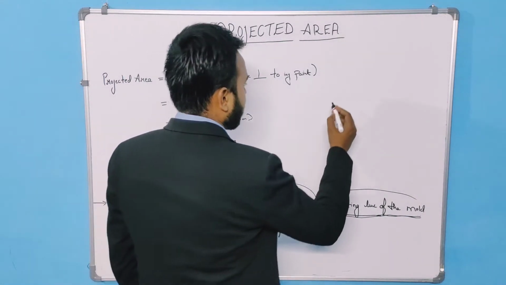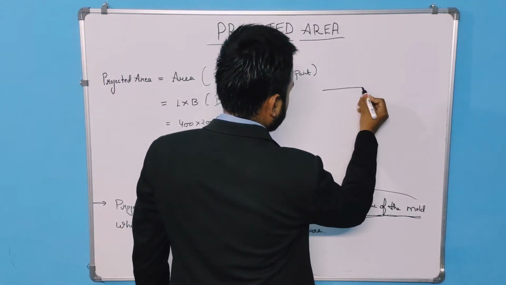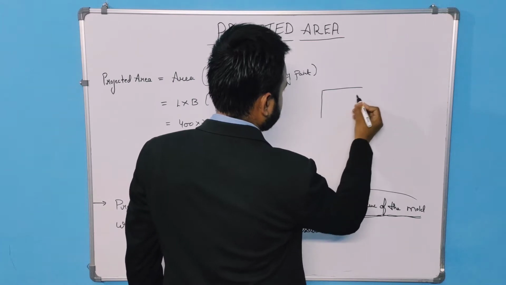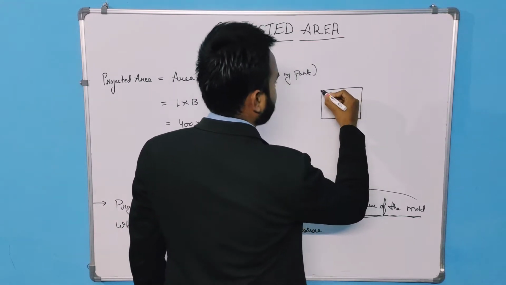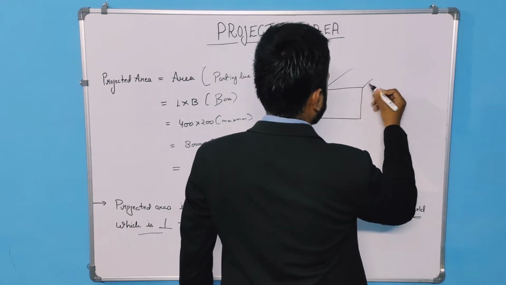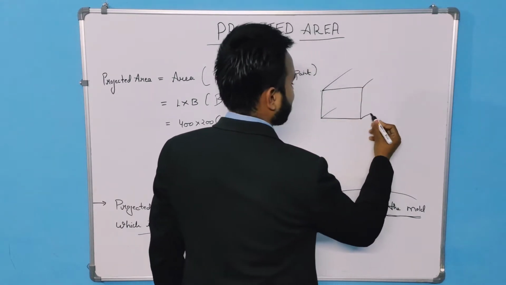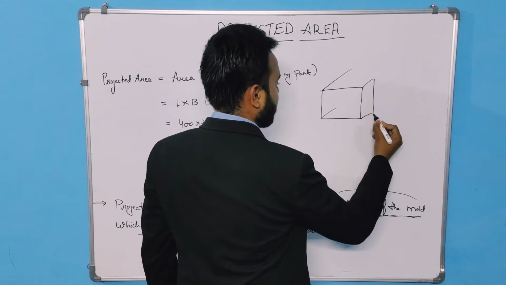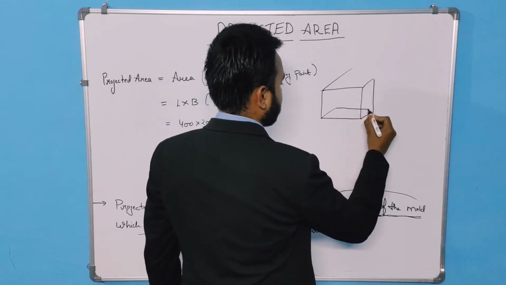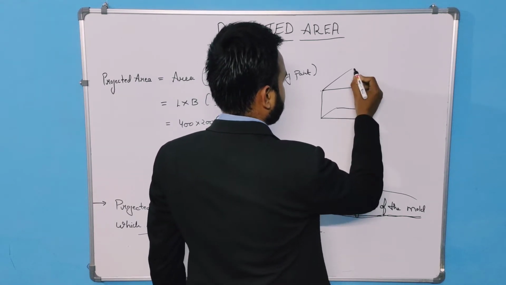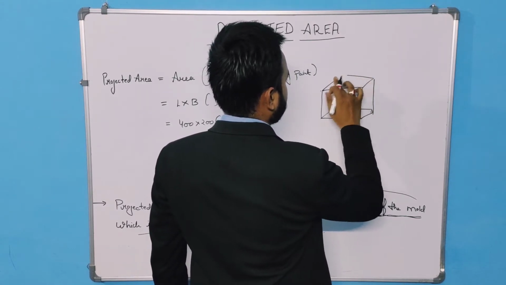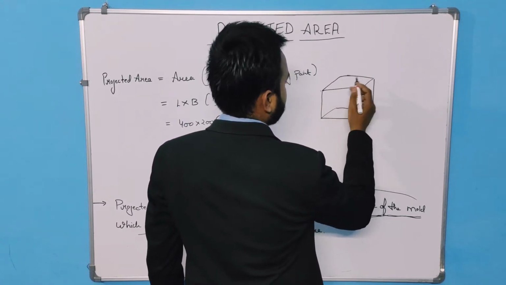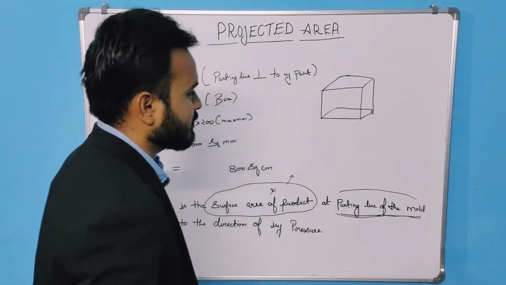For example, this is one of our products, which is in cuboid shape. I am roughly sketching it out, so please don't mind, it's just a rough sketch for explaining to you all.